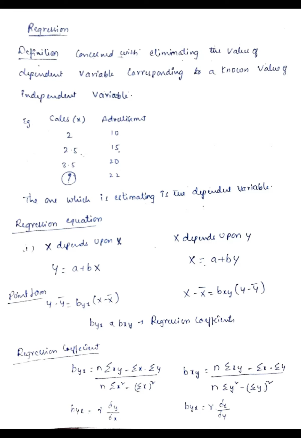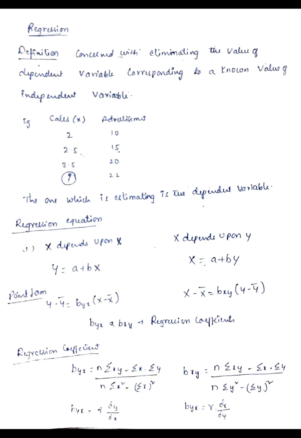To find out the point form, we need the regression coefficients. How do we find these regression coefficients? By this formula: byx equals n summation xy minus summation x into summation y, divided by n summation x square minus summation x whole square.